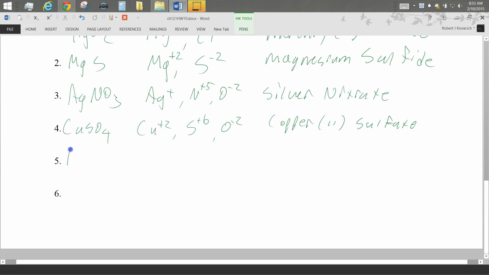(NH4)2CO3. Okay, my hydrogen is a +1, and my nitrogen is a -3, and my oxygen is a -2, and my carbon is a +4. Let's make sure that's right. So I've got -6, and -6, and I've got 4 +1s, and I've got +4.